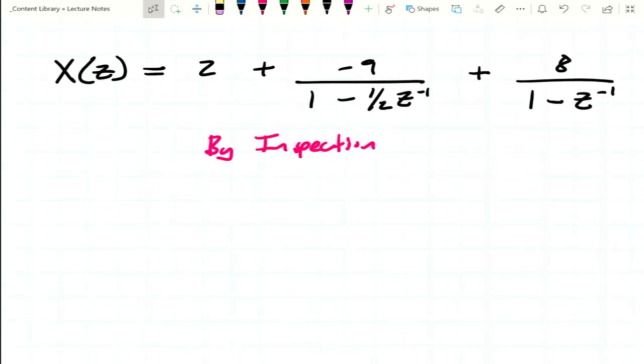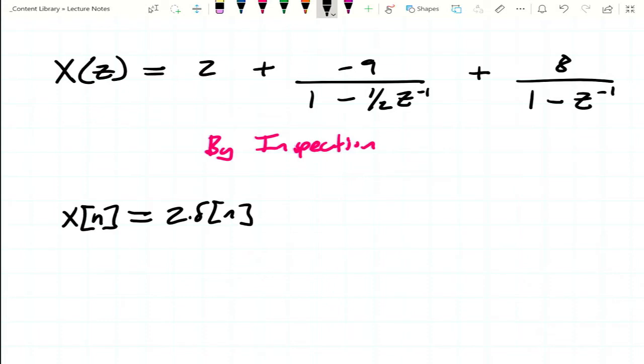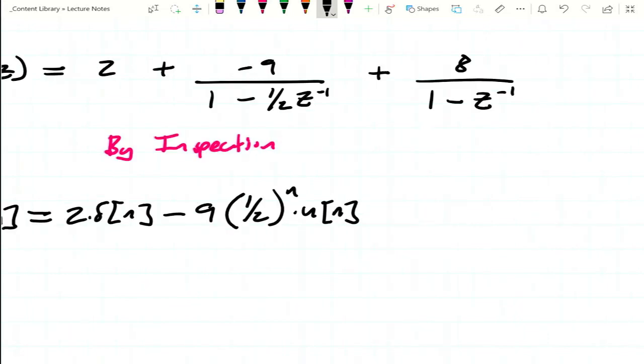We're going to get that our discrete time signal x of n, the 2 by inspection, if there's no steps or anything like that, is just the impulse sequence, the sample sequence. So it's going to be 2 times delta n minus 9 times 1 half to the n times u of n plus 8 times 1 to the n, but it's just 1, so 8 times u of n.